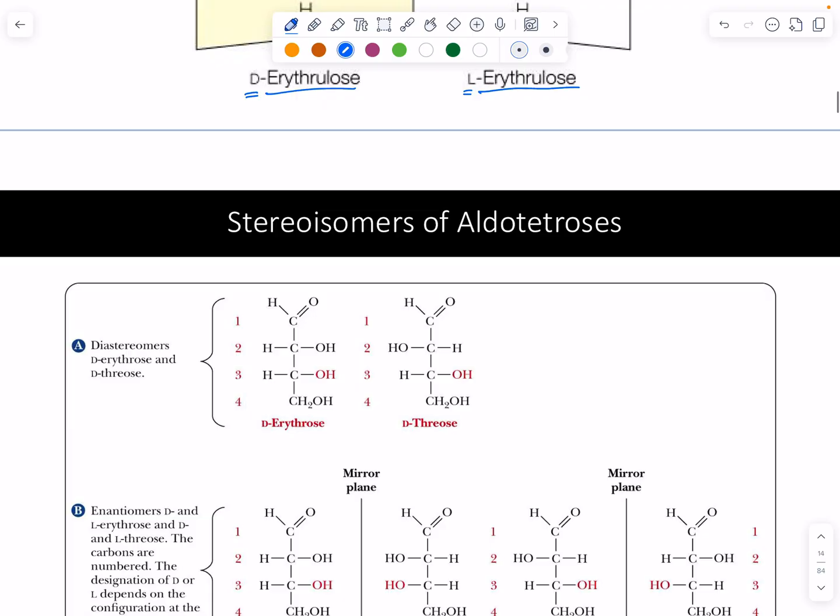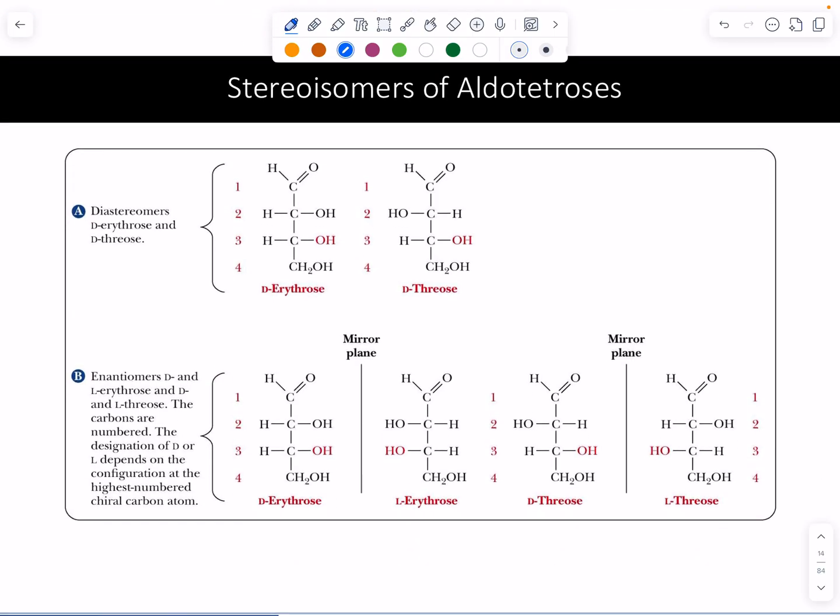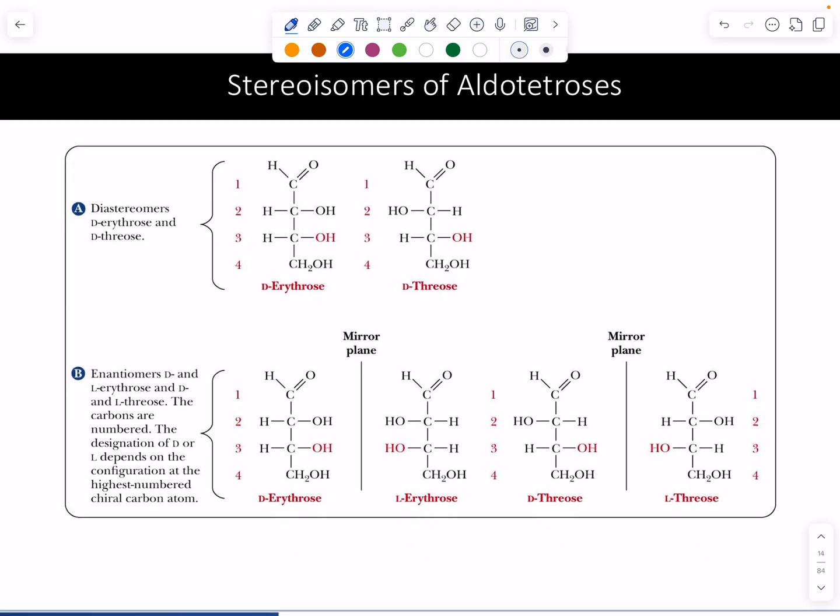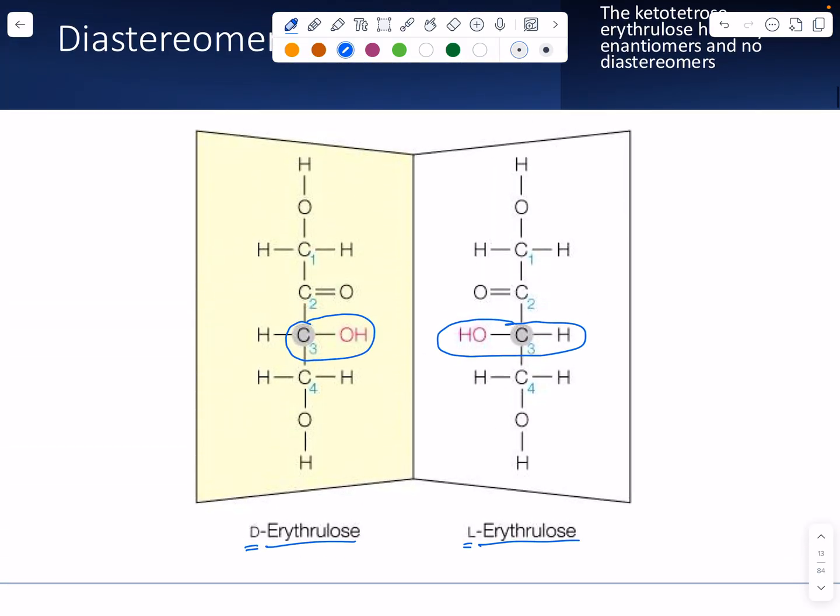Now we're back to aldehydes. Remember, here our ketose has its most oxidized carbon as number 2, so that means it's a ketose instead of an aldose.